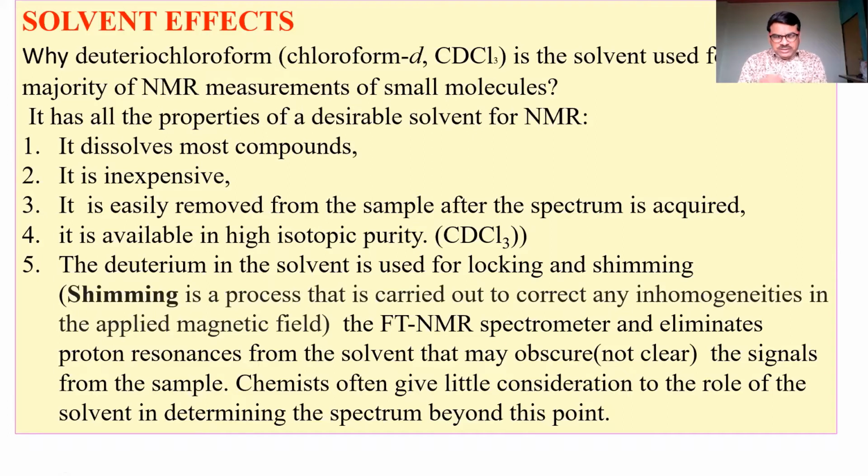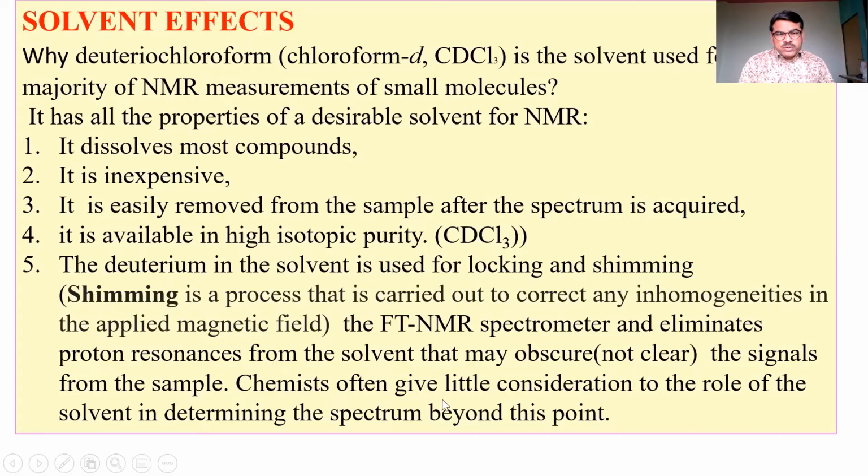Shimming is very important for making some correction in the FT-NMR spectrometer, and it eliminates proton resonance from the solvent that may obscure the signals. It means we would not be getting clear signals from the sample.